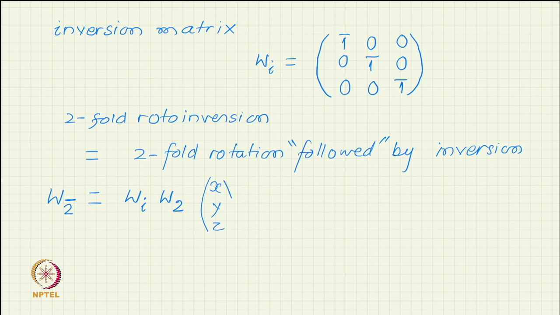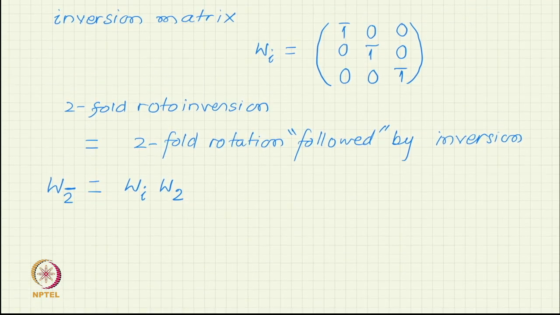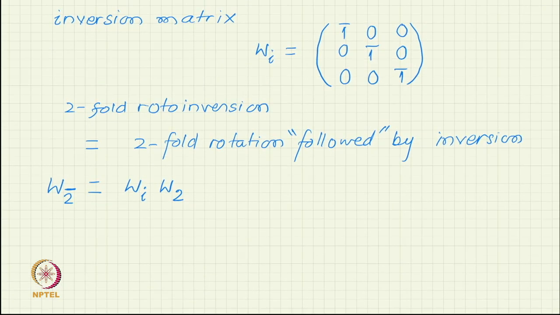I want the image of some vector by multiplying it by the matrix. So if I multiply a vector with this product, which matrix will act first on it? The W2. So the first matrix is always written on the right. So what do you find if you now use the result?